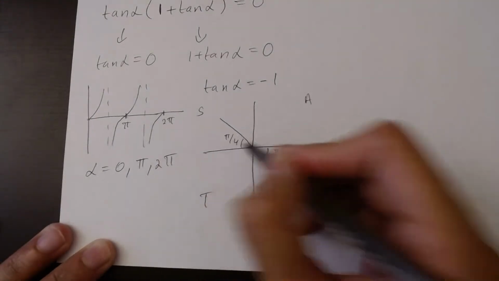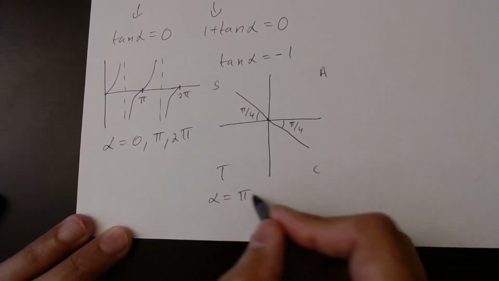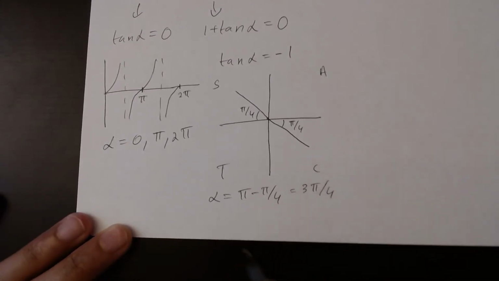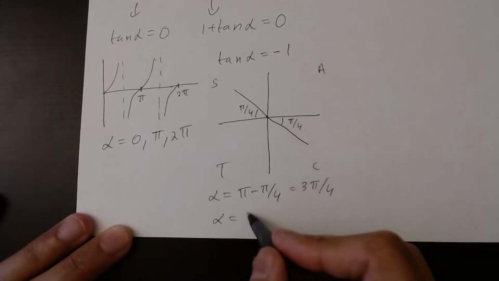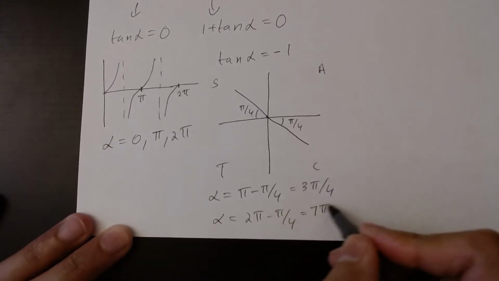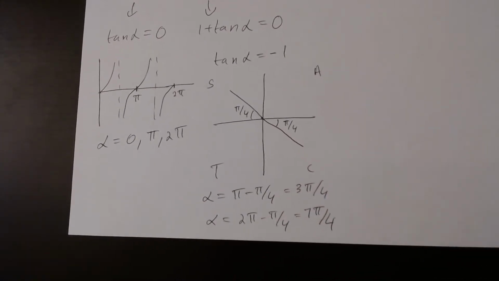So my first solution is pi minus pi over 4, which is 3 pi over 4. My second solution is 2 pi minus pi over 4, which is 7 pi over 4. So in this question, I have 5 solutions in total.